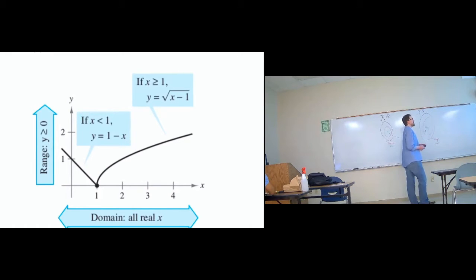The second set of instructions told us what to do from 1 and beyond. Make sense? So this is what a piecewise function does. It breaks up your function and says, whenever you have an x value that fits a certain set of rules, do this thing. Whenever you have an x value that fits this other set of rules, do this other thing.